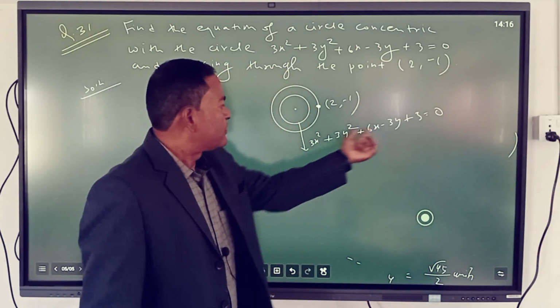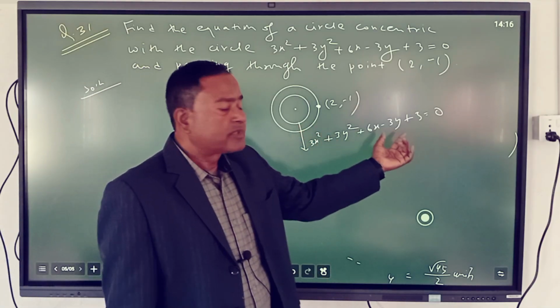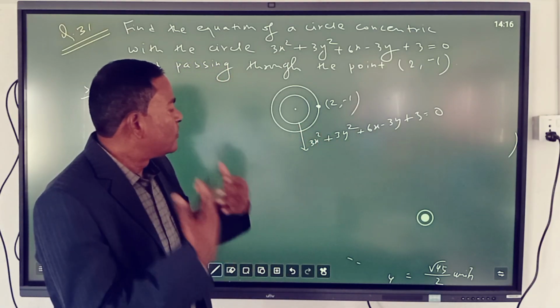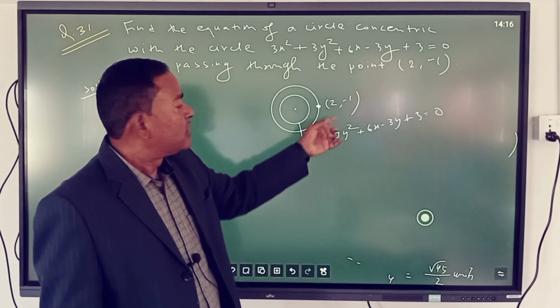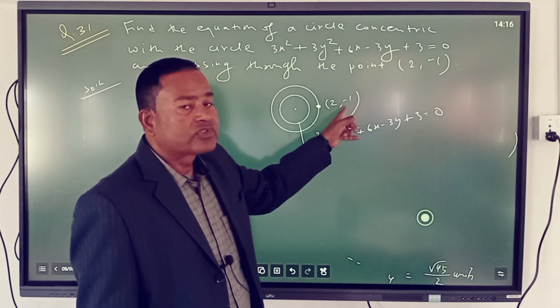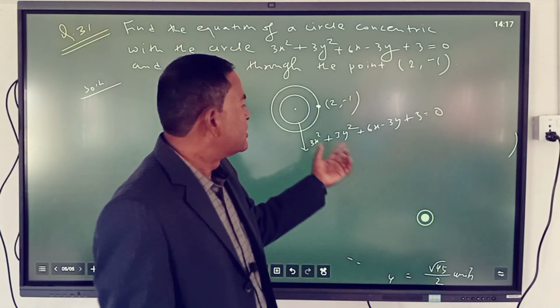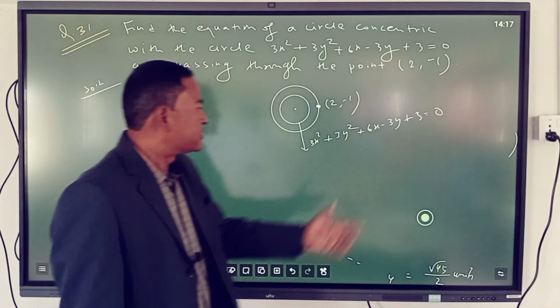From the given equation of circle, we are going to find out the center of the circle, and we'll use the same center to find the equation of the circle passing through the point 2 comma minus 1. So let's find out at first the center of the given circle.